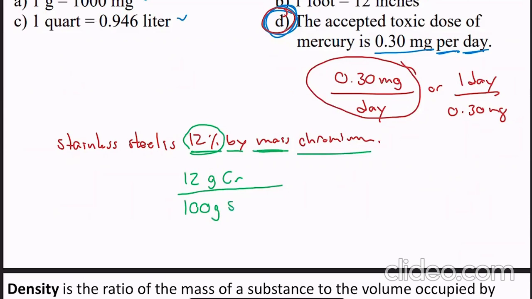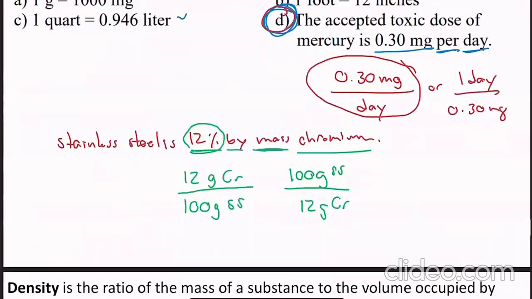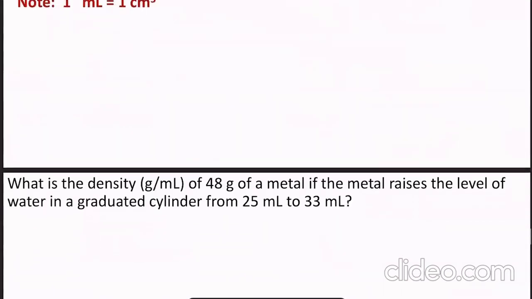And the rest of it would be stainless steel. Right? So even this statement here, we can write it as maybe 100 grams of stainless steel over 12 grams of chromium. So those are definitely different ways we can write this.